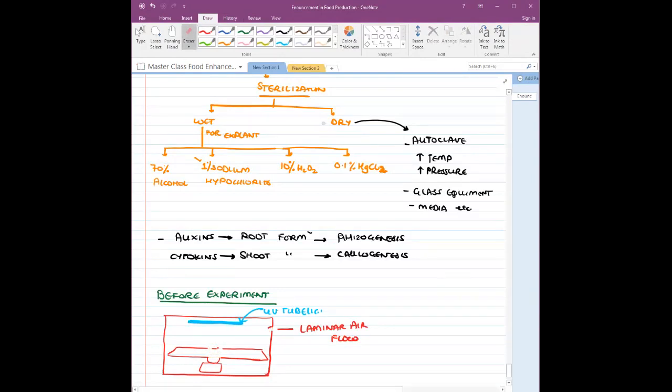Whatever things you are going to use, whatever instruments, equipment, media and all, you are going to put it inside. Let's say I'm keeping some flasks and some test tubes which you're going to require while doing the experiment.